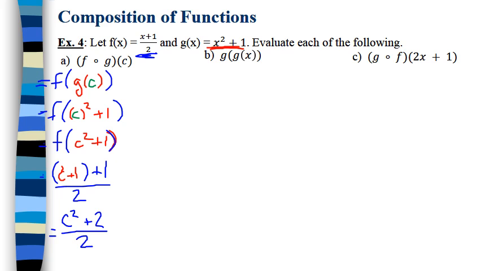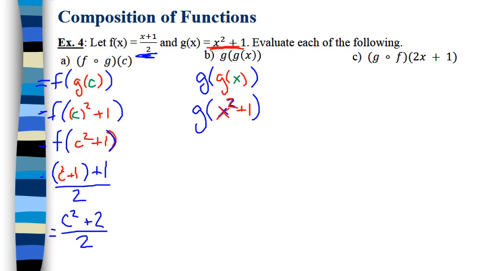So here this says g of g of x. So g of x is x squared plus 1. So g of x squared plus 1, because that's the g function.